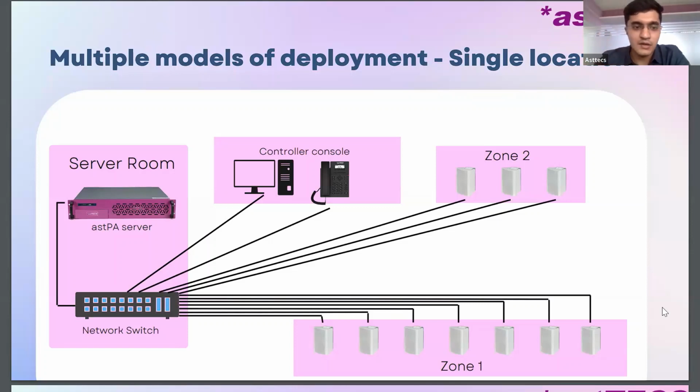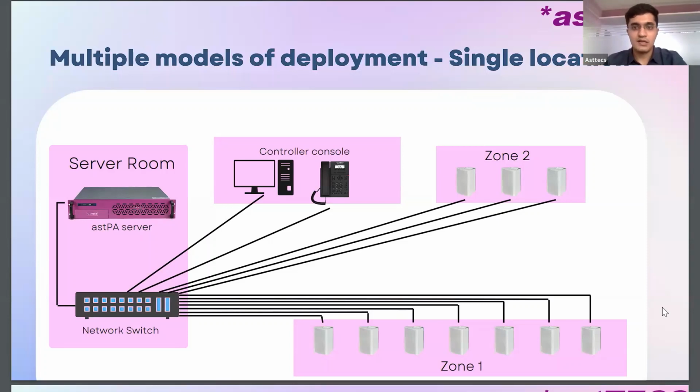Now the advantage is that you have flexibility and scalability, all speakers acting as a single unit, but at the same time, all speakers acting as individual units as well.